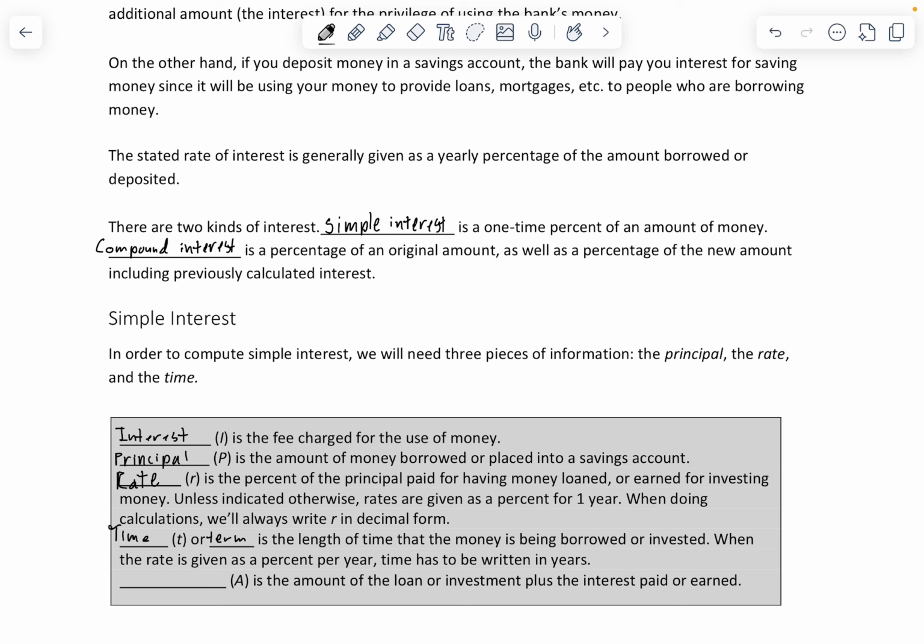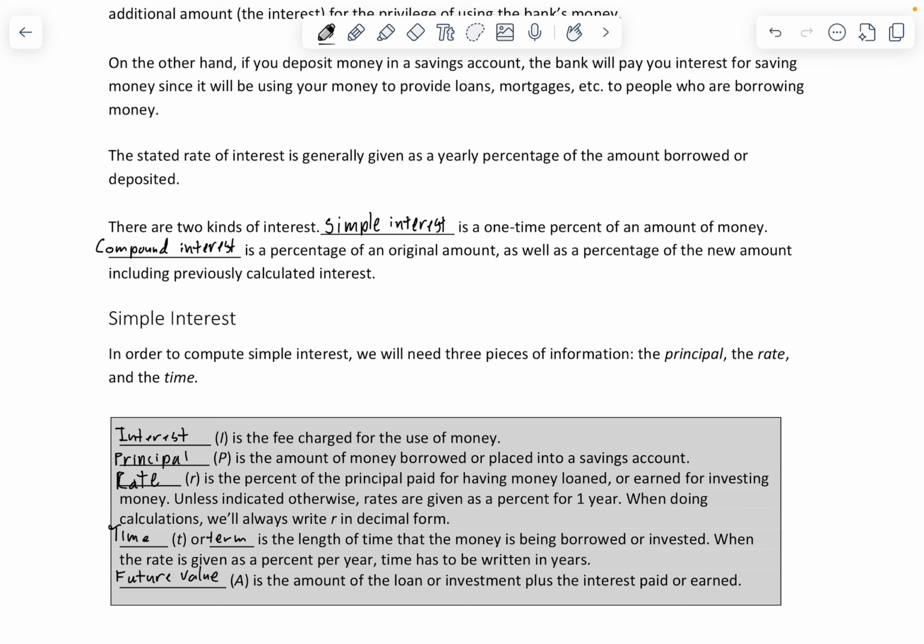And then the future value, which we use the capital letter A to represent, is the amount of the loan or investment plus the interest paid or earned.